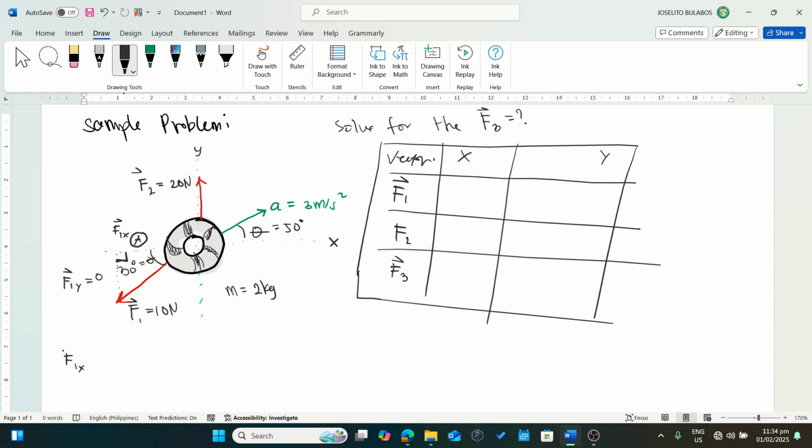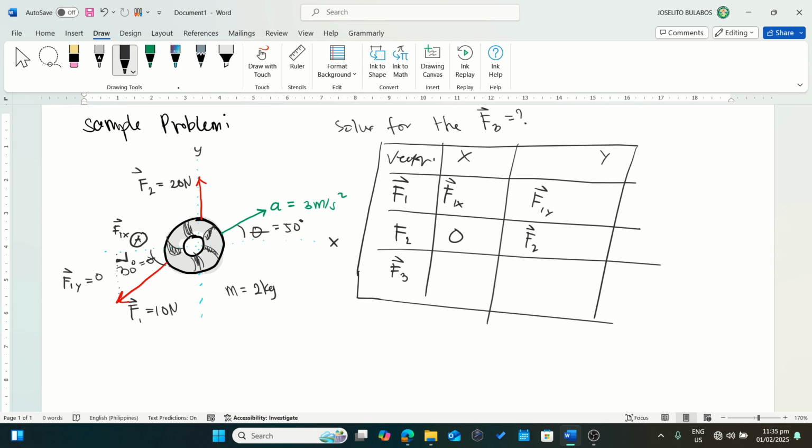Okay, much better if we just put in all the formulas. Let's say we have here F1X, and then we have here F1Y. For F2, we only have components along the y-axis. So we have here F2, that is our component along the y-axis, and we don't have any x-axis.